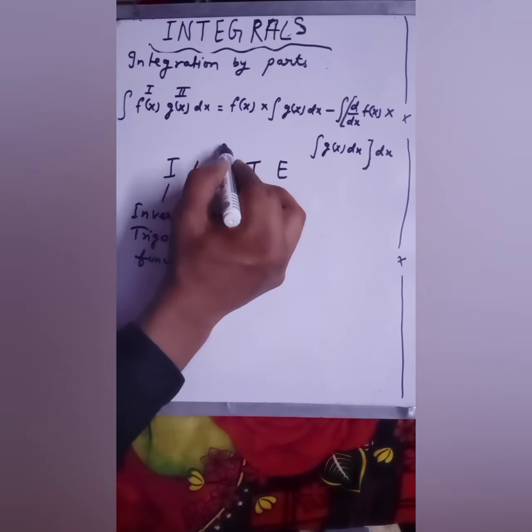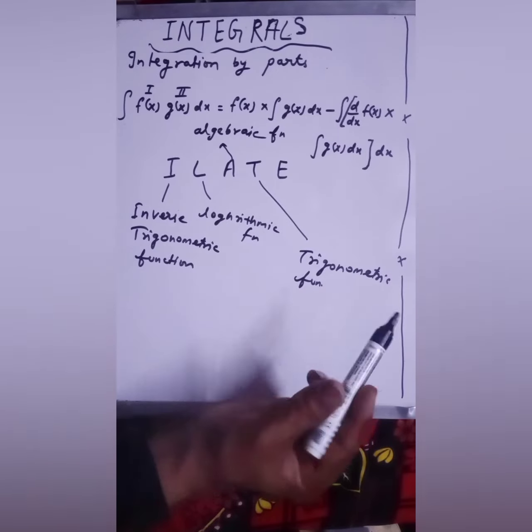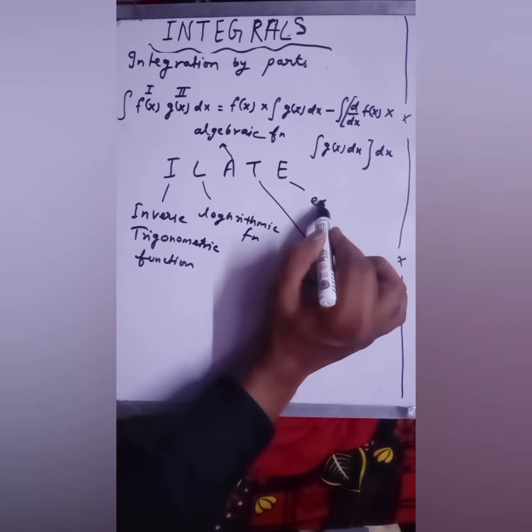This A stands for algebraic function. This T stands for trigonometric function. And this E stands for exponential function. Got it? So this is the order of the functions which you will take.